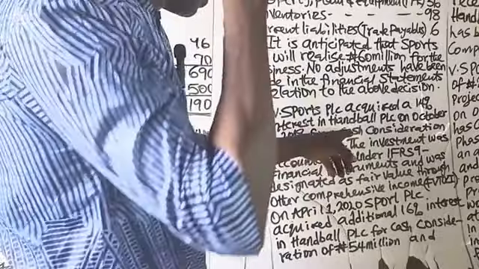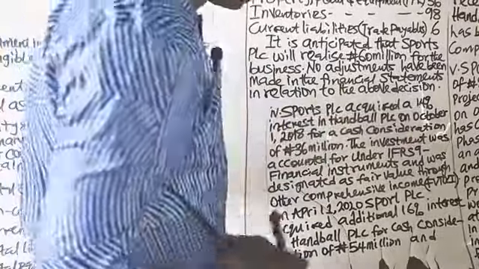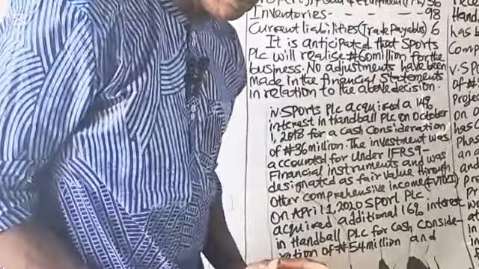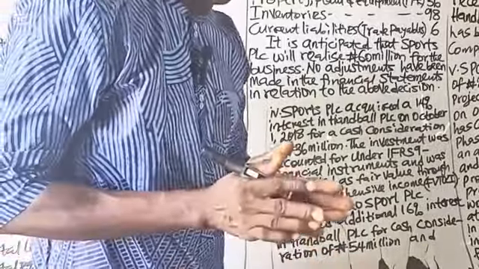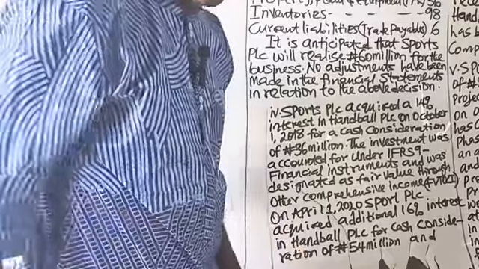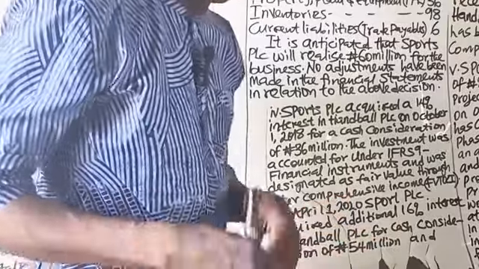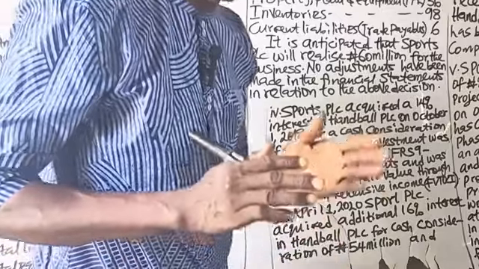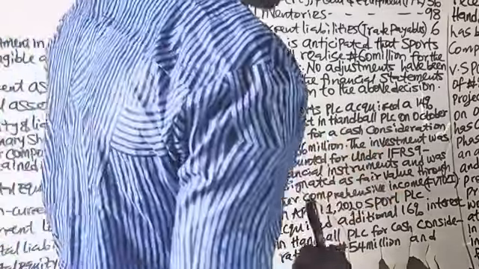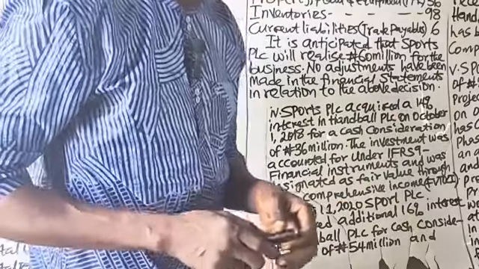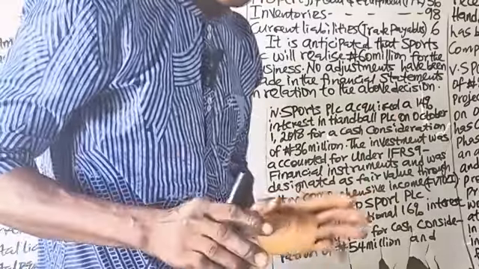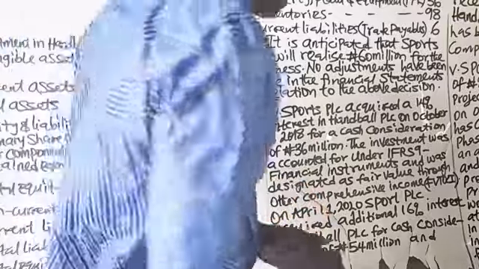So a 14% holding is not yet an associate, it is a simple or ordinary investment. A simple investment will be accounted for in accordance with the requirement in IFRS 9 financial instruments.